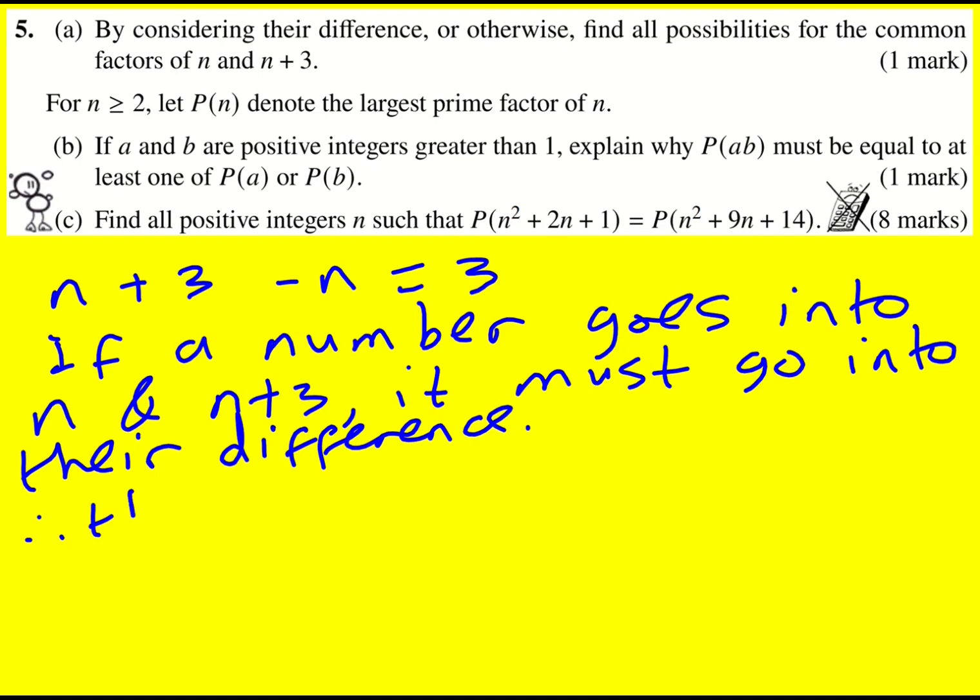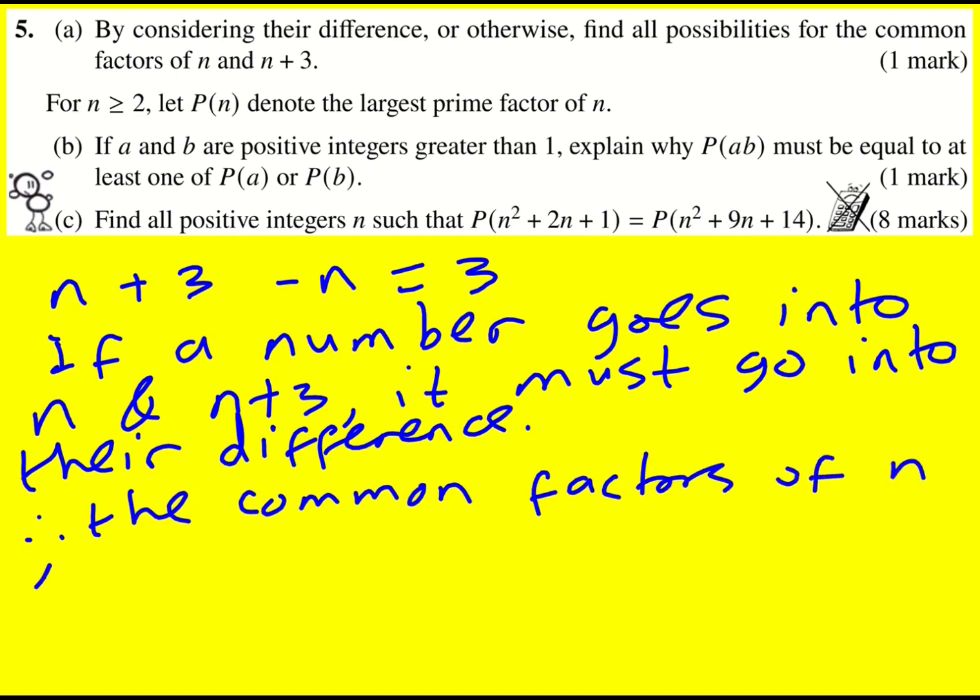Therefore, the common factors of n and n plus 3 are 1 and 3.